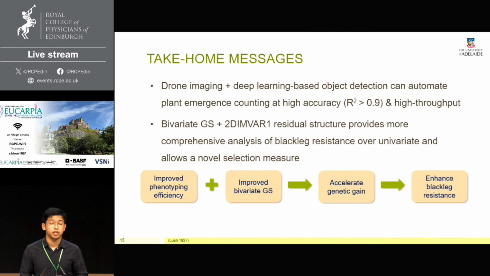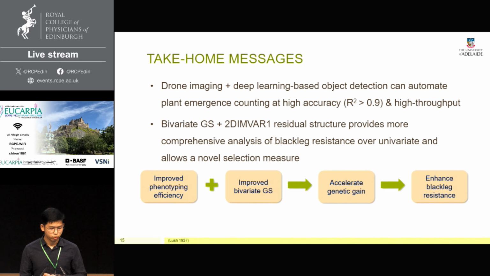So the main take-home message here is that drone imaging, along with deep learning-based object detection algorithms, can reliably automate plant counting at emergence. And this is also a scalable approach such that we can allow for more genotypes to be screened within our disease nurseries and ultimately increase selection intensity.